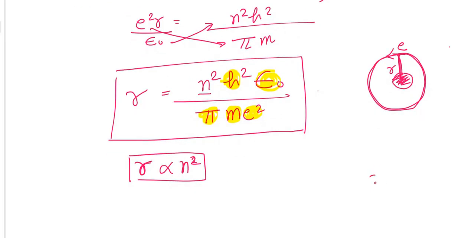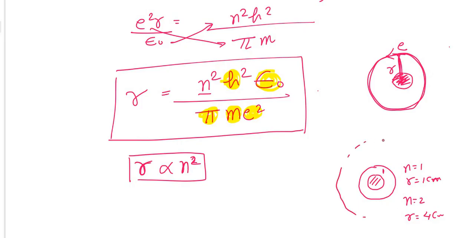Just for example, if this is the nucleus, suppose n is equal to 1 and radius is 1 centimeter. It is not actually 1 centimeter, it is of the order of Angstroms. If n is equal to 2, the radius will be 4 times, it will not be double.